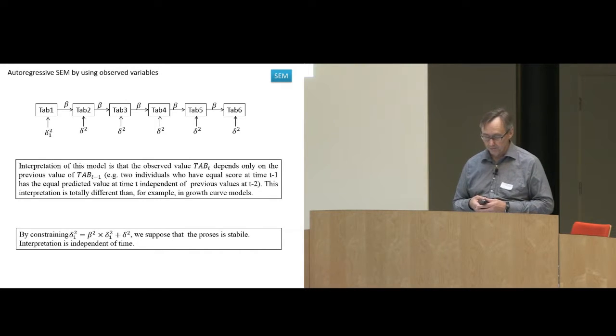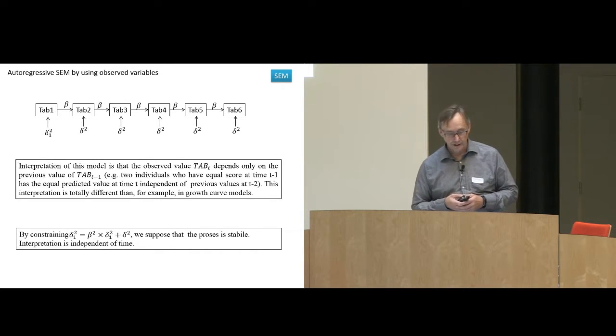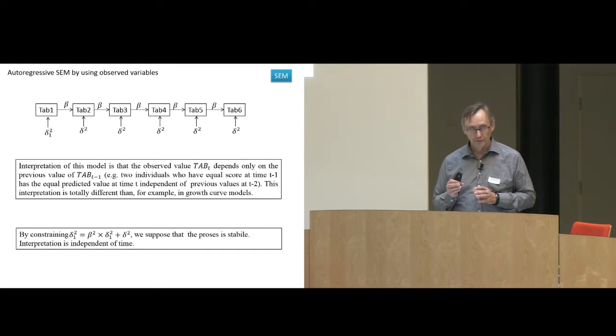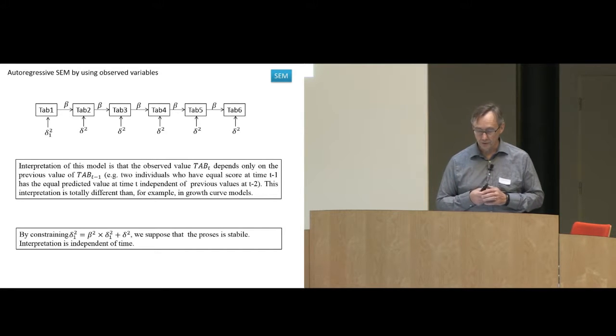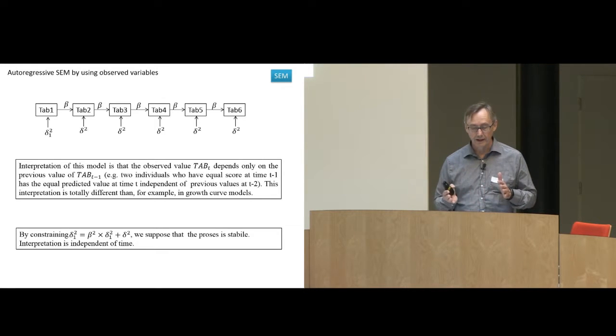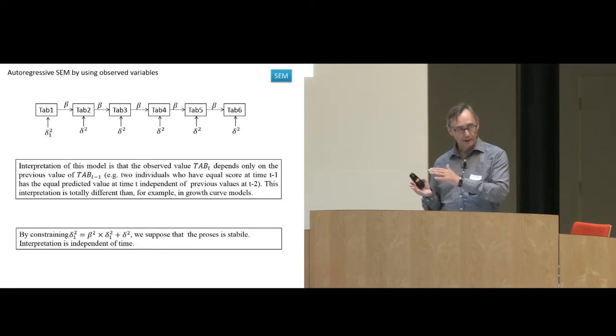When we constrain the first variance to be equal to other times, we suppose that the process is stable. It means that the variance is equal in each time.